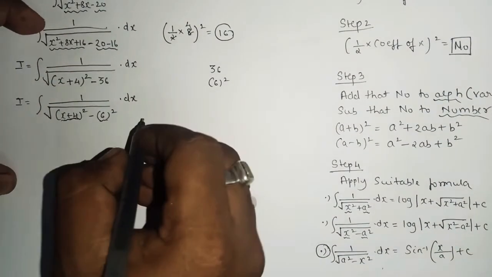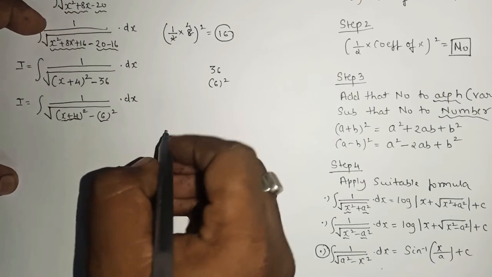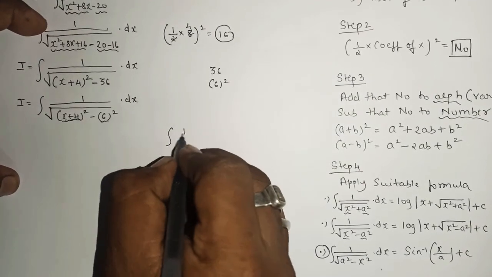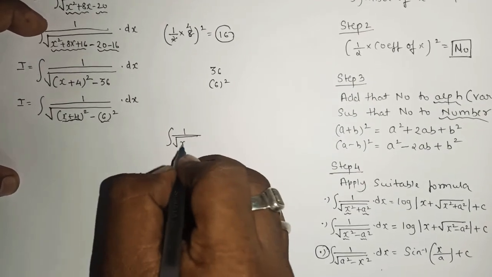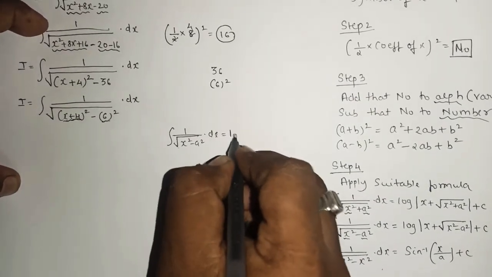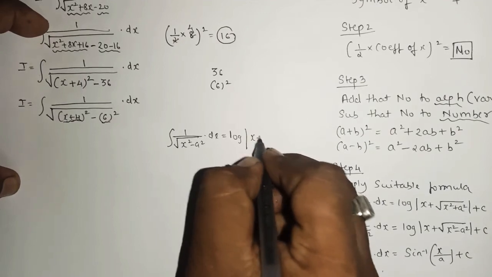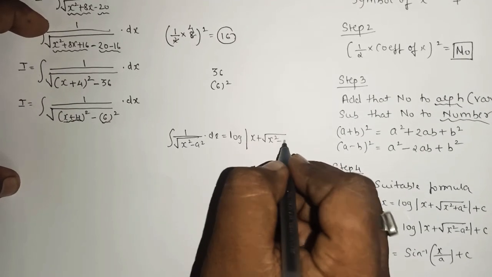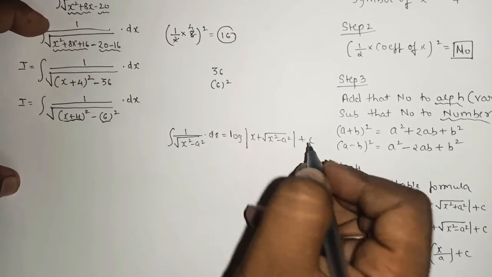So let's apply it: the integral of 1 upon root x square minus a square dx is log mod x plus root x square minus a square plus c.